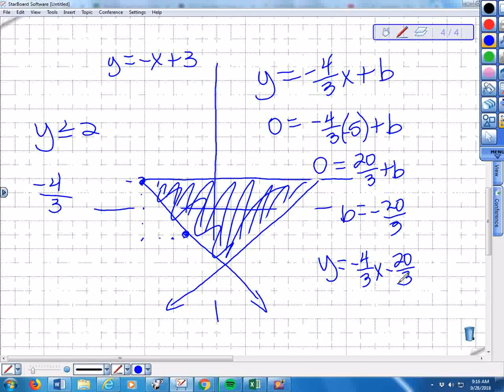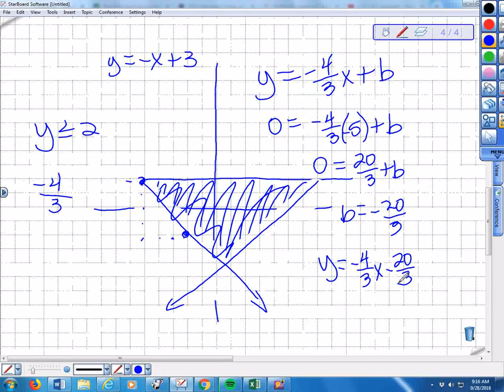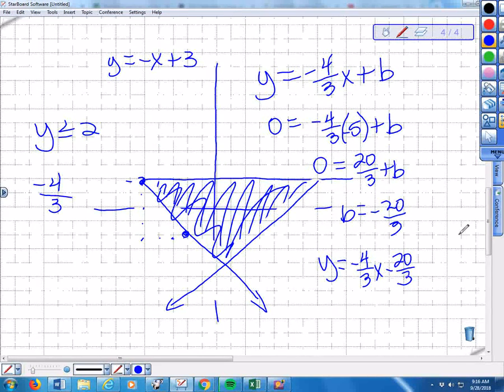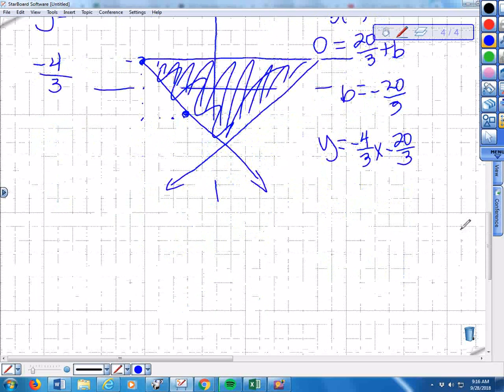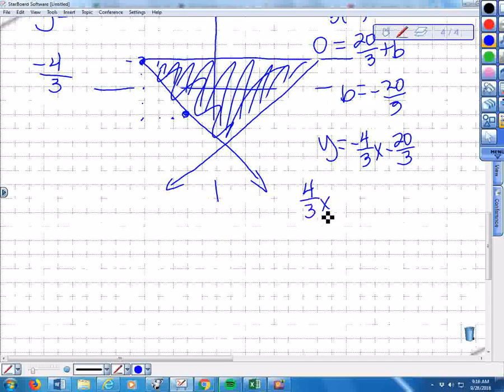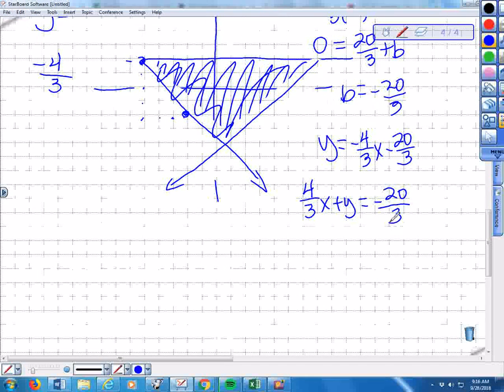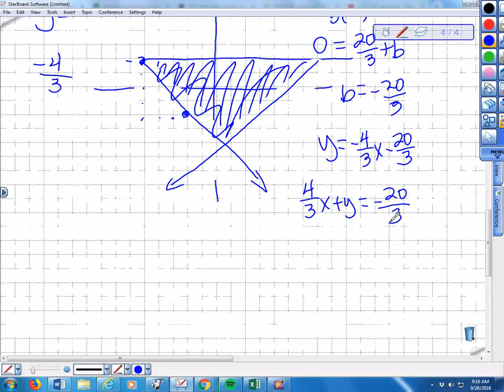But all of your choices are in standard form. So the first thing I'm going to do is put this equation in standard form. So I'm going to add 4/3 x. And I'm still not done because none of your equations have fractions, so times it by 3.